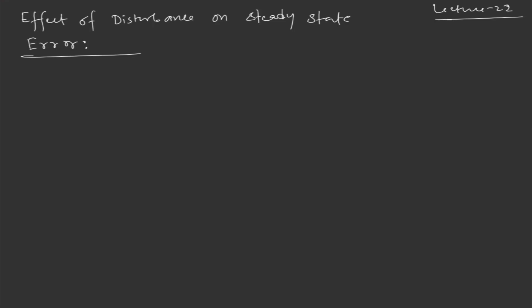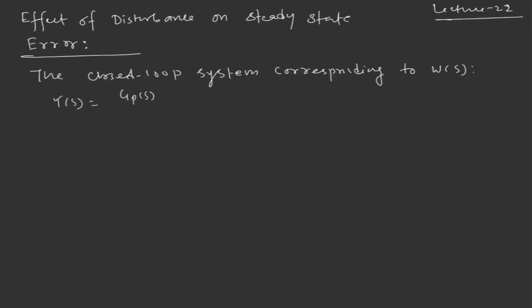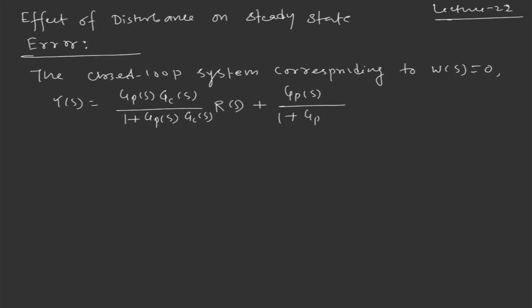If you remember the closed loop system, corresponding to W(s) we had Y(s) equal to Gp(s) Gc(s) over 1 plus Gp(s) Gc(s), R(s), plus Gp(s) over 1 plus Gp(s) Gc(s), corresponding to W(s), which is Md(s). For the time being we are not considering R(s) here.